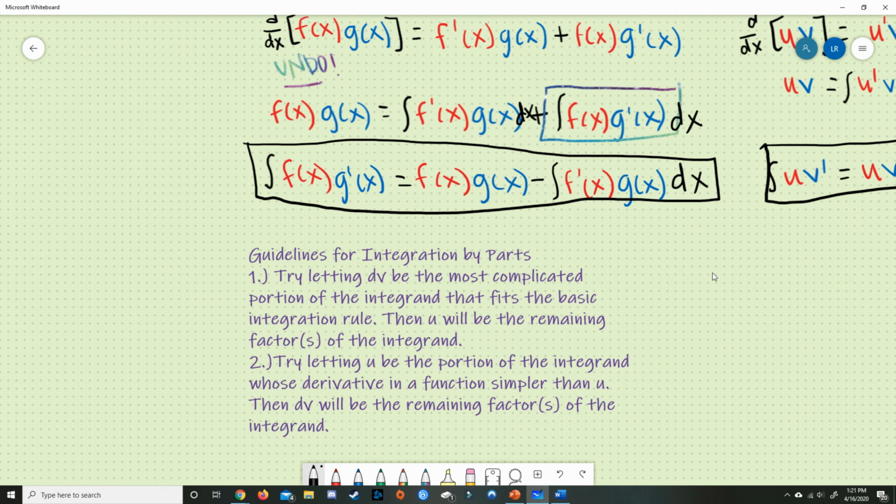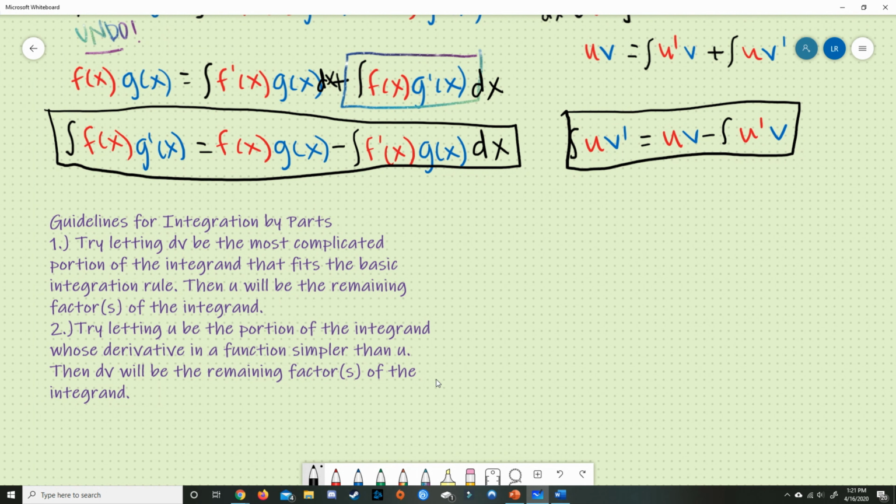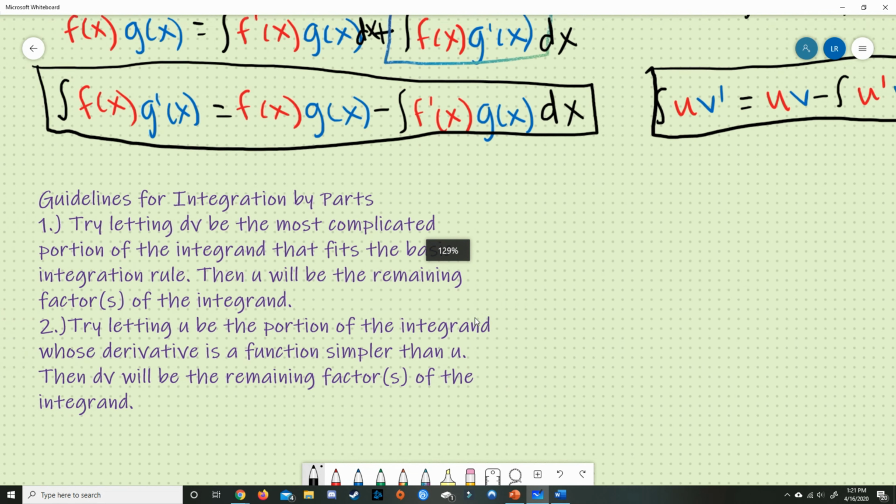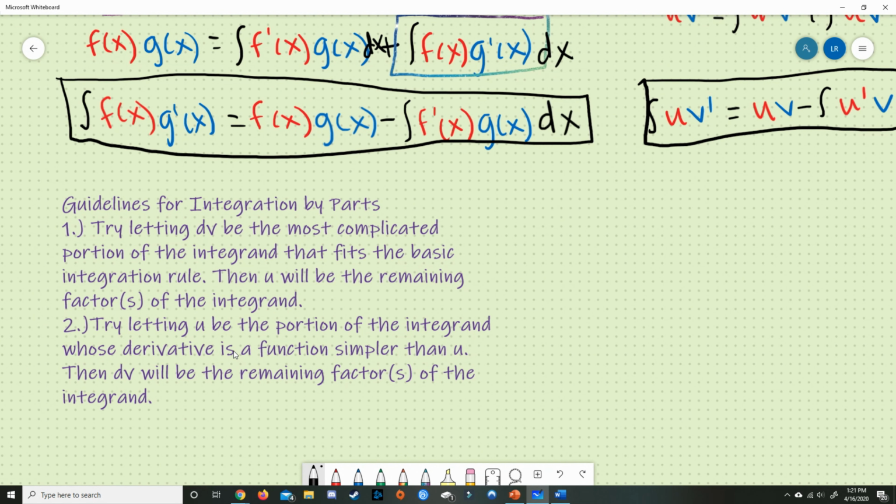So the second guideline is try letting u be the portion of the integrand whose derivative is a function simpler than u. That's the guideline I normally go for. I normally go for let me find u so that when I take its derivative, it's going to be more simple. All right, so those are our guidelines.